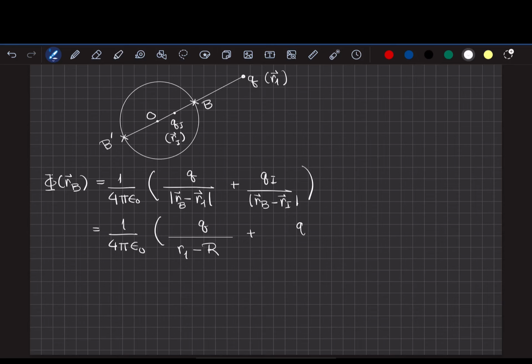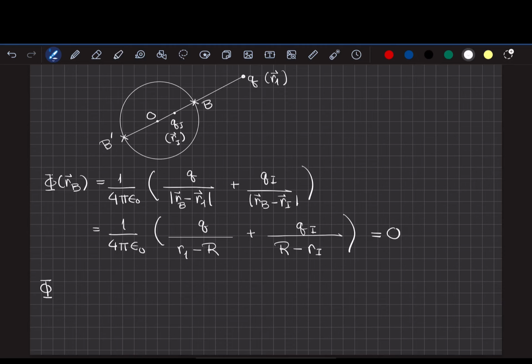Similarly, we can find the distance between the point B and the point Ri by R minus Ri. And this has to be 0.